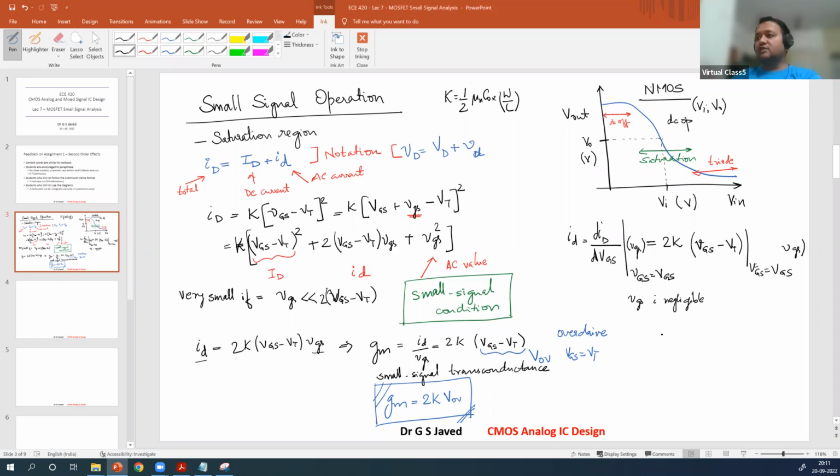Now, once you have this, what do you get? Your small id, that we are using here, is given as 2K times capital V_GS minus VT, times small v_gs. Now, this is defined as id equals gm times v_gs.